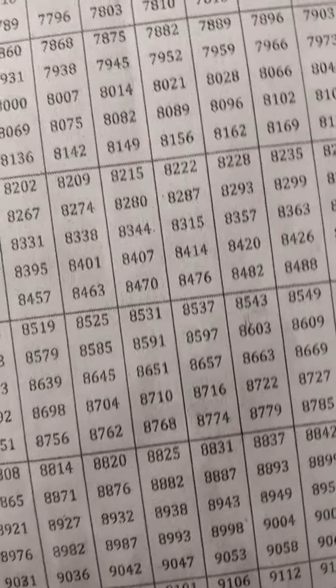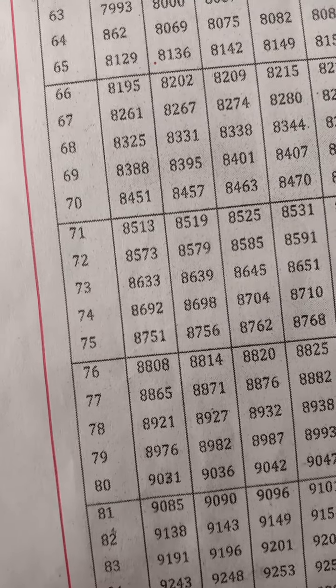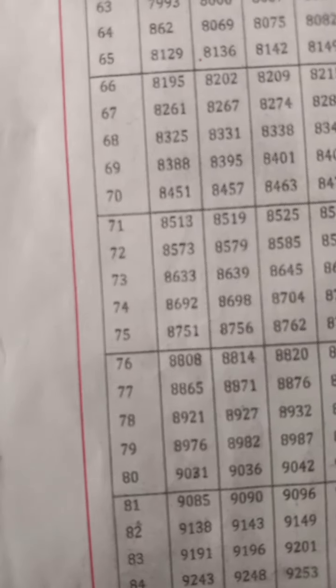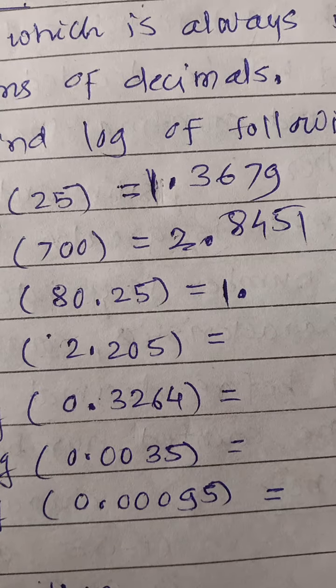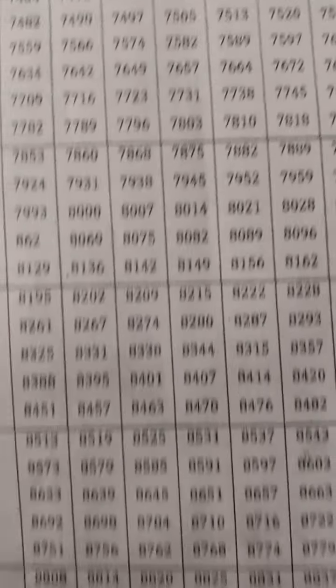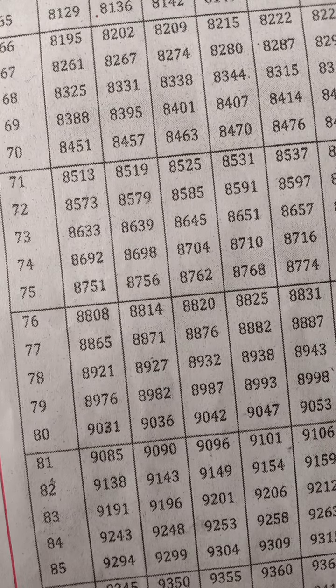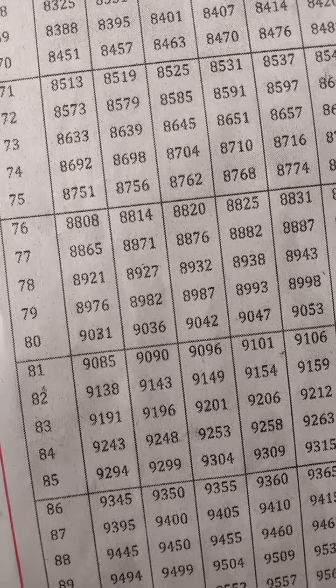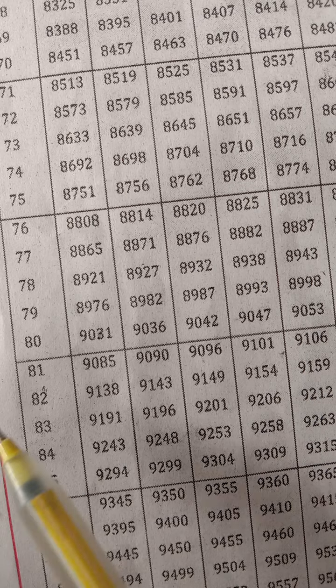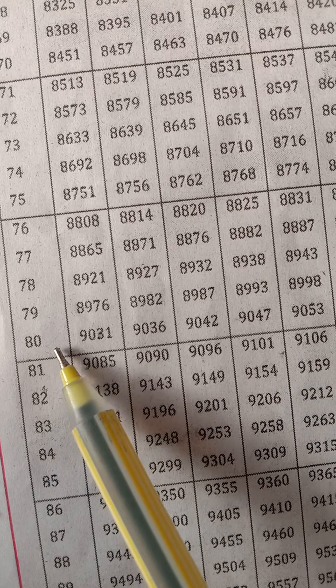For that purpose we will consider again this logarithmic table. Now our number is 80.25, and therefore here there will be 80. So in this table we will first observe 80. So here it is 80. After that 82 is there.